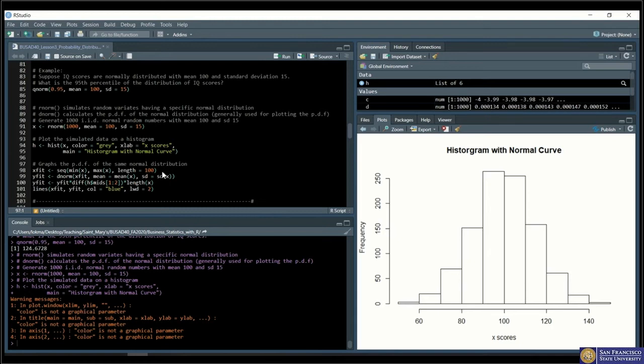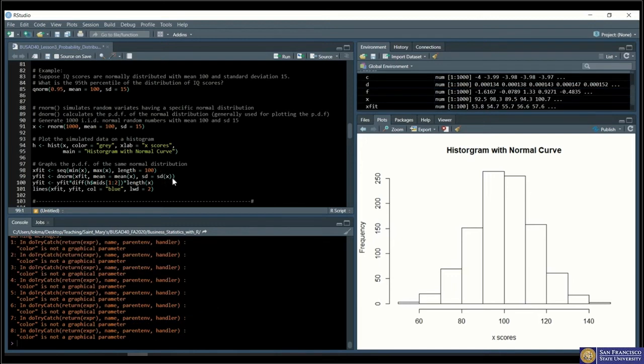Let's suppose we are using exactly the X random simulated data here, the 1000 data points that we simulated. I'm going to define the X value on the graph, and I'm going to define the Y values using the D norm function, mapping every single data point in this random sample.